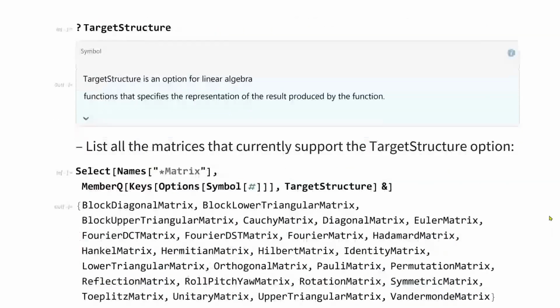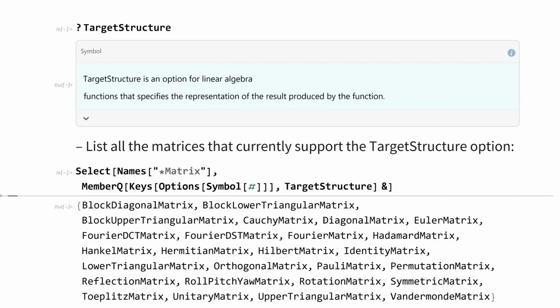Here is somewhat terse language to show which matrices actually support target structure. It looks like a big list, but there are some differences. The newer matrices like Cauchy matrix or block diagonal actually have the target structure set to structured by default.